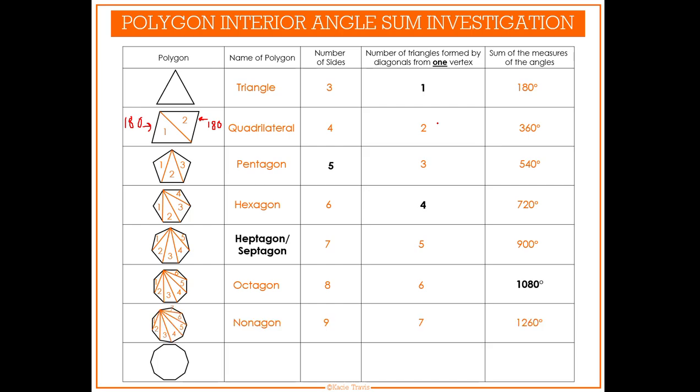Our nonagon, 1260, and our decagon, 1440. So something that you should notice: each of these are different multiples of 180. This was 180, 180 times 2, 180 times 3, 180 times 4, 5, 6, 7, and 8.